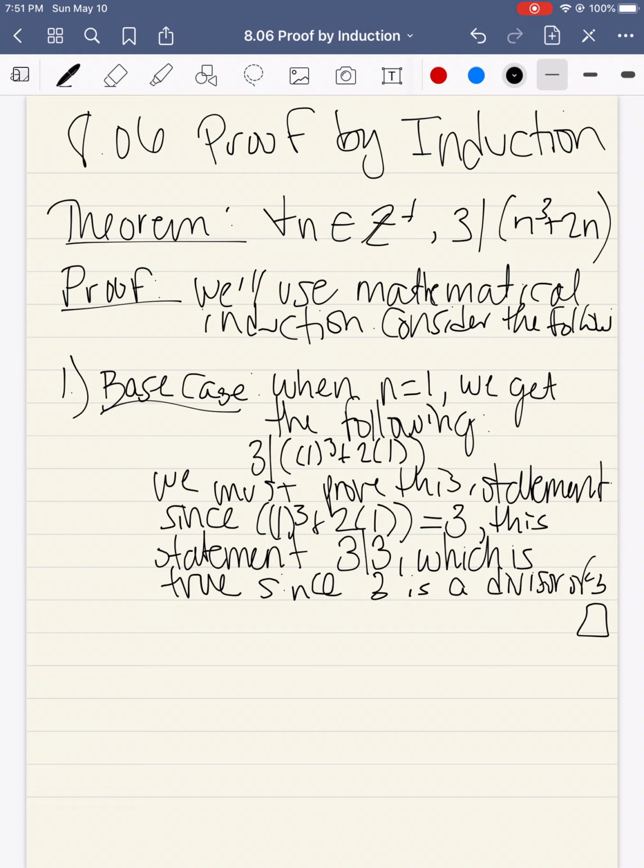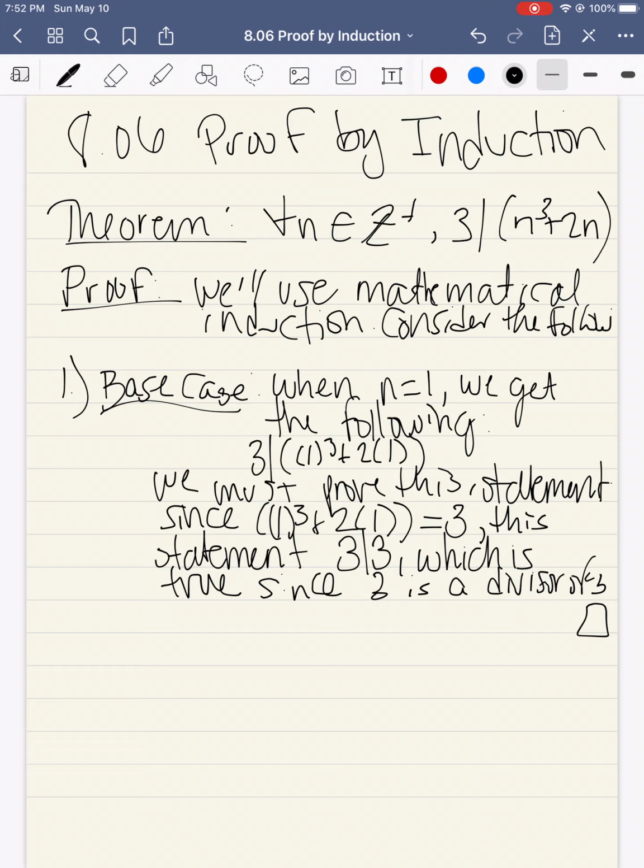We don't need to necessarily use the definition of divisor because we're not really showing this in full generality. It is mathematically accepted that 3 divides 3. So we can just say it's a true statement. With this, the base case is our first step, and it was a mini proof, so we're just going to close it off with an open square.